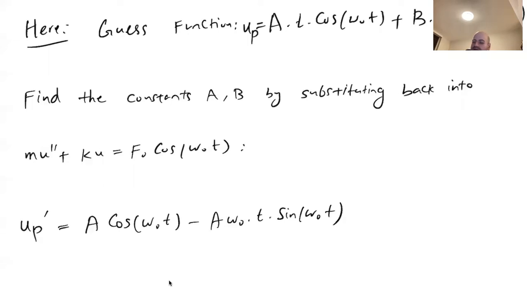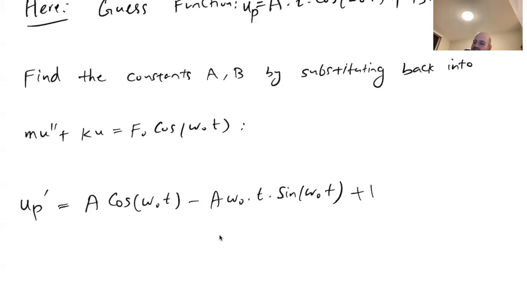These two terms are the derivative of the first term, using the product rule. Similarly, for the derivative of the second term, again we have to use the product rule. Then we will have plus b sine omega naught t plus b omega naught t cos omega naught t.